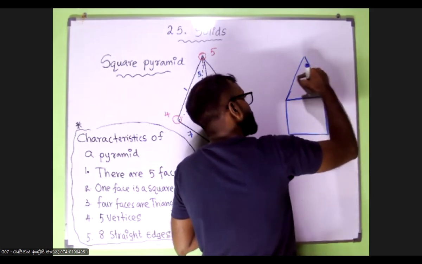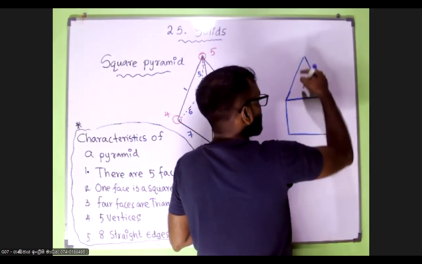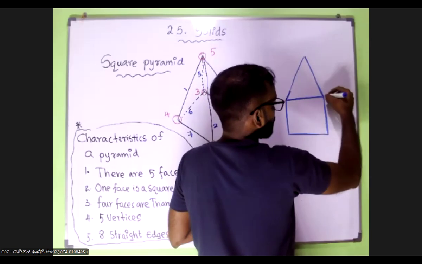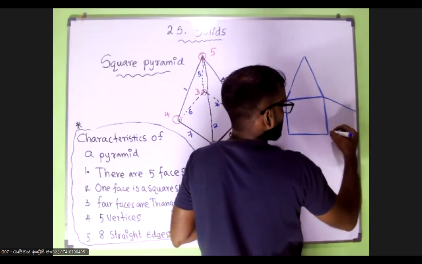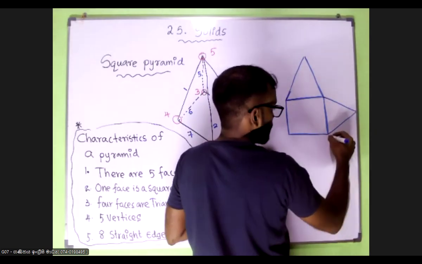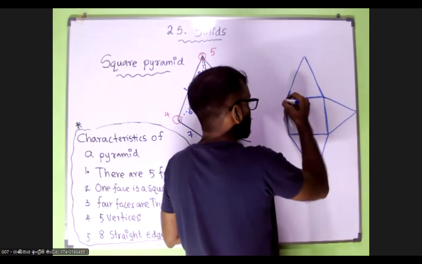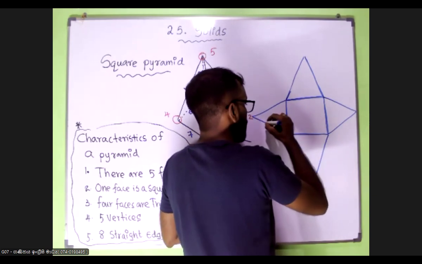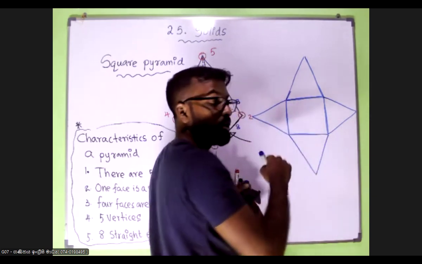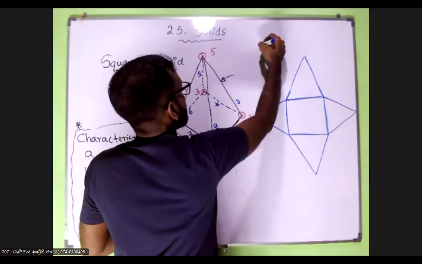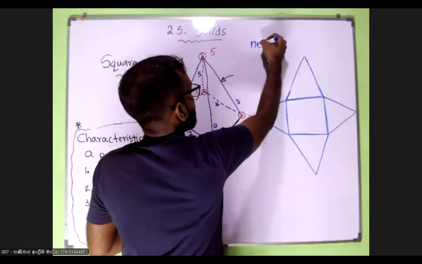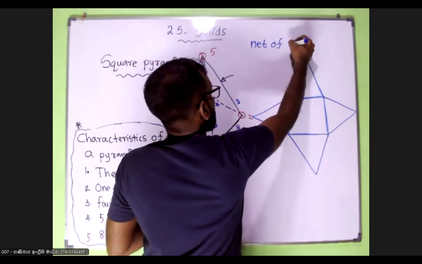So if this length is equal to this length, the same length should be taken to this side as well. For an example, I will show you. So this is the net of the square pyramid.